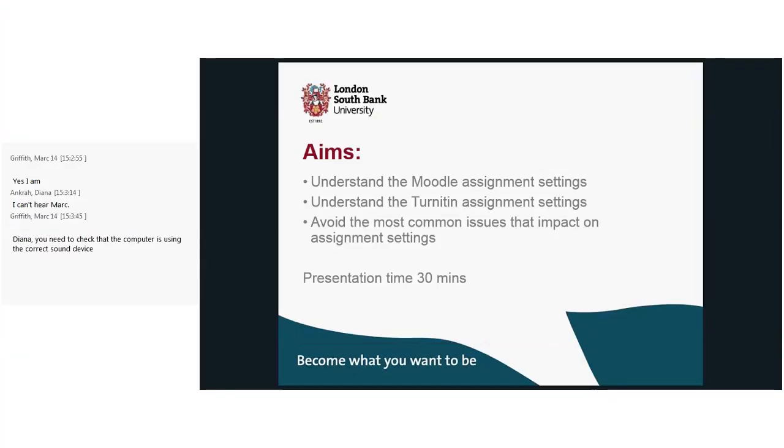As I talk through these, we will raise some of the common issues. What we're trying to do at the end is make you feel more confident in being able to go in, set up your assignment and feel that it's going to work smoothly.